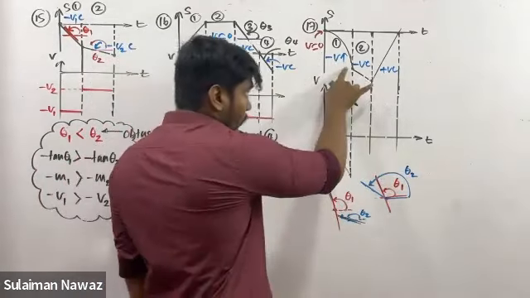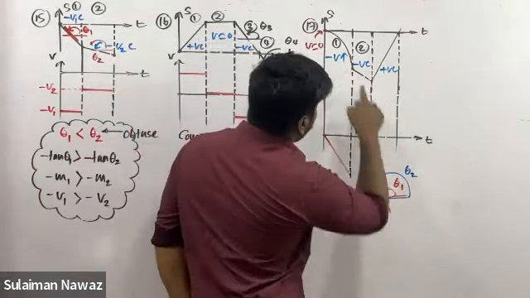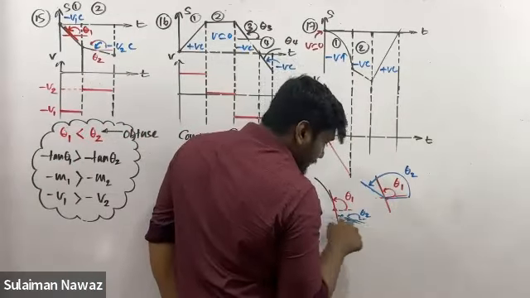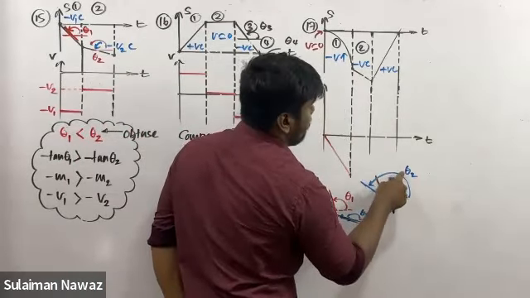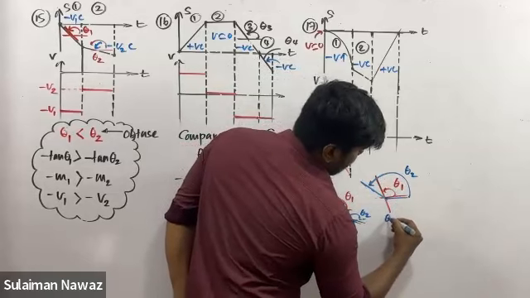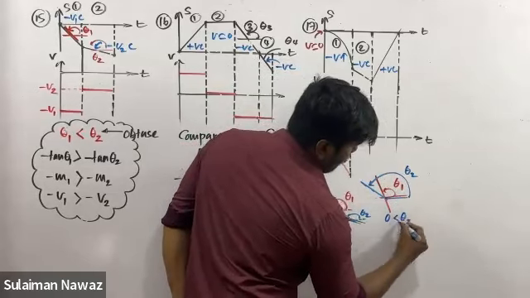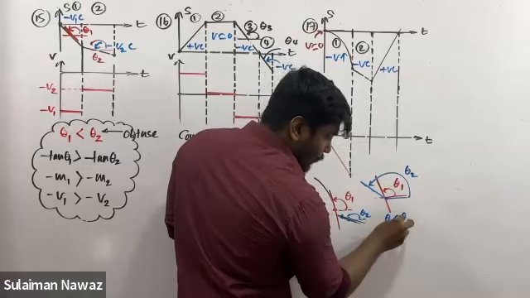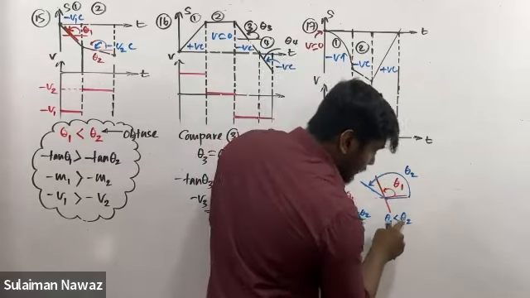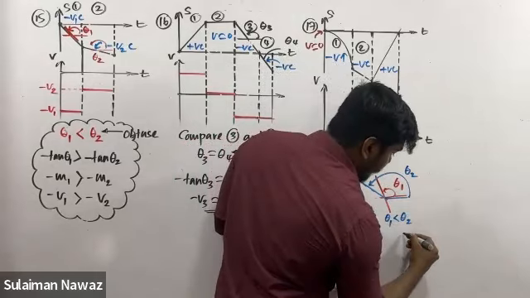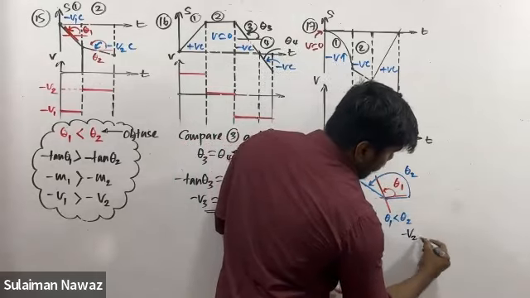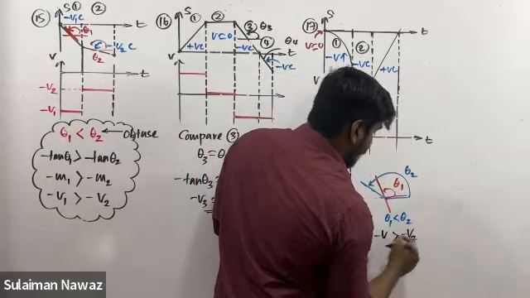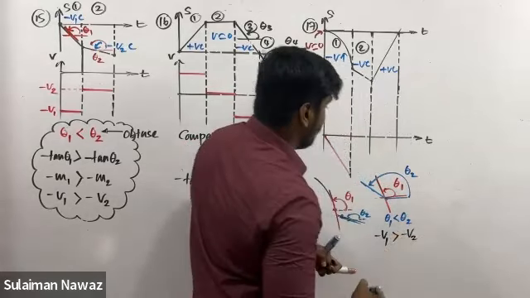Blue color first point in second graph has a larger obtuse angle. Theta 2 is larger than theta 1. And larger the obtuse angle means smaller the negative velocity. Smaller the obtuse angle means larger negative velocity.